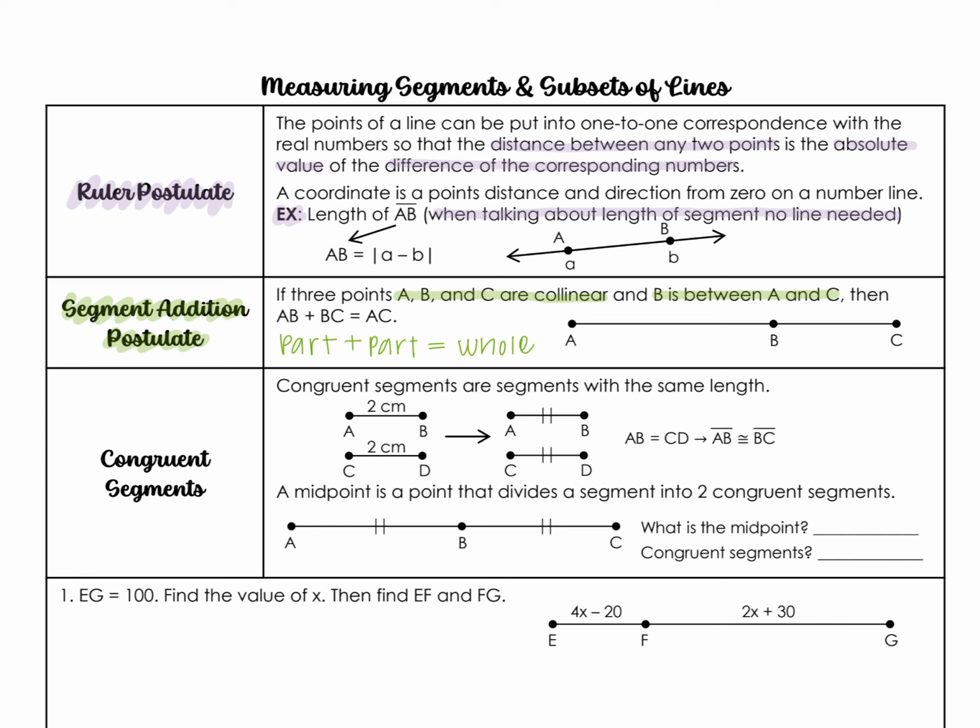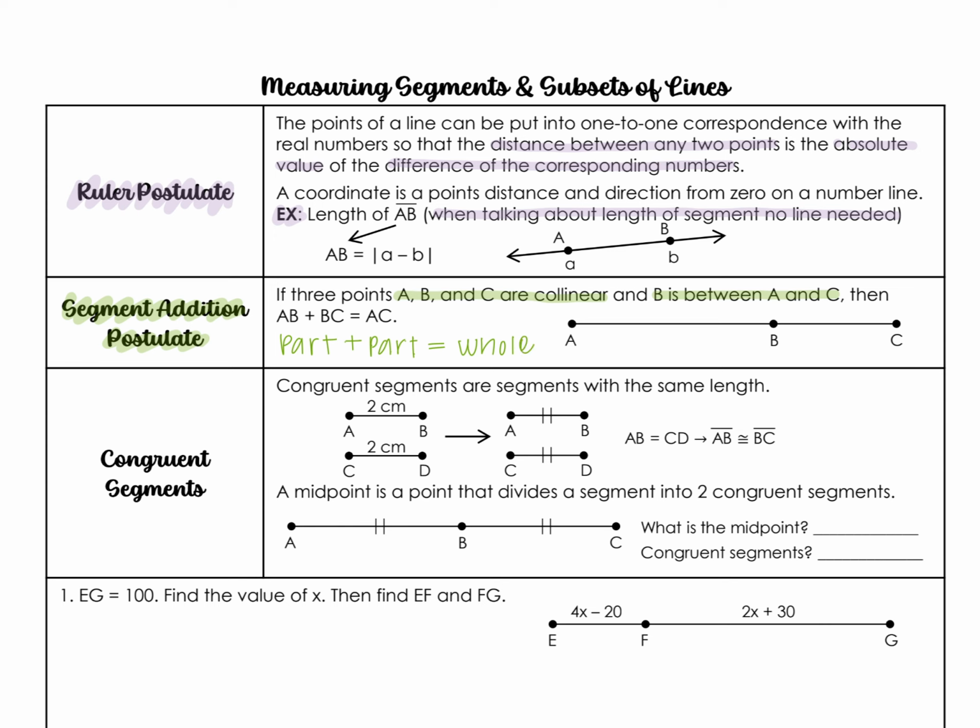Okay, so now let's look at some practice problems. Number 1, we have that EG, so this entire line here, is equal to 100. They're asking us to find the value of X, and once we do that, we will plug it in to find EF and FG's lengths.